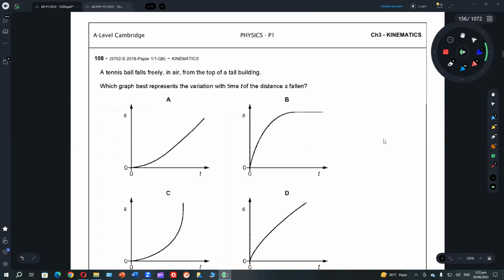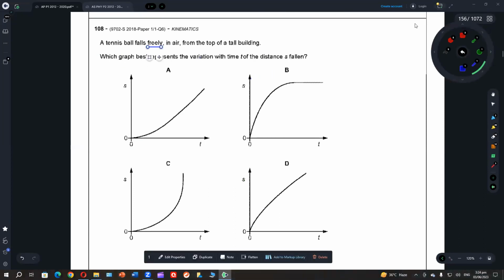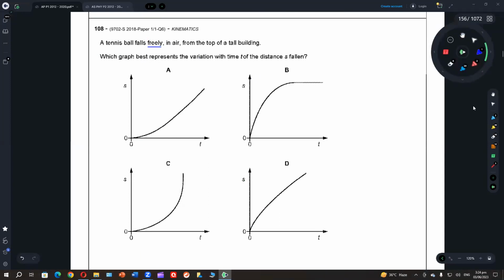A tennis ball falls freely. Free fall means no air resistance. From the top of a tall building, which graph best represents the variation with time t of the distance s fallen?